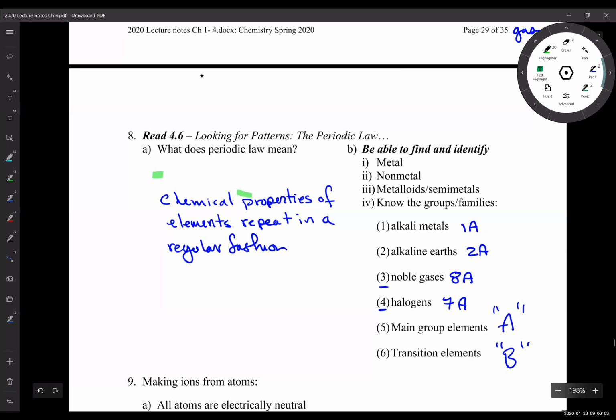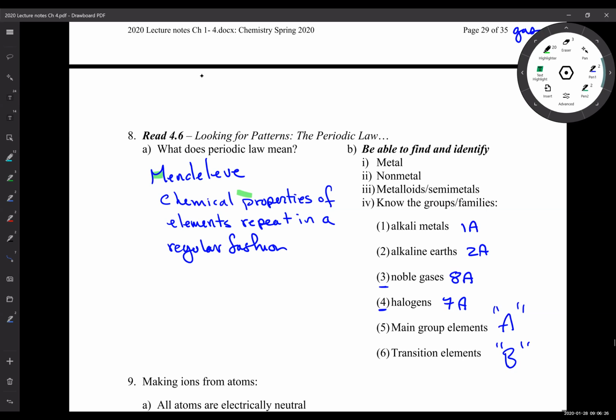And the guy we attribute this to is Mendeleev. I think I spelled that wrong, but that's fine. Yeah, the guy named Mendeleev came up with this idea, like in the snow in Siberia, so I guess there wasn't much else to do.